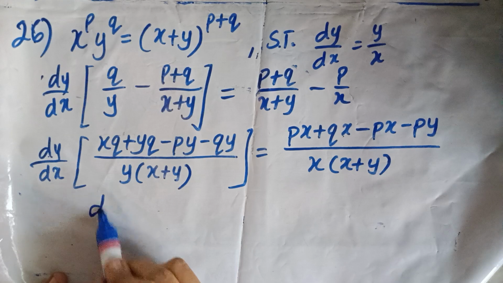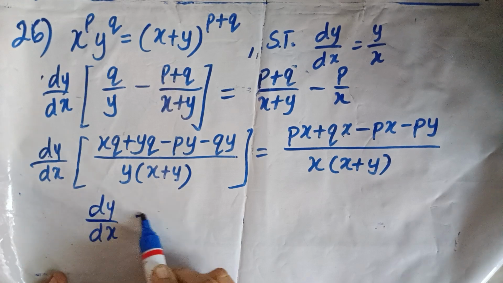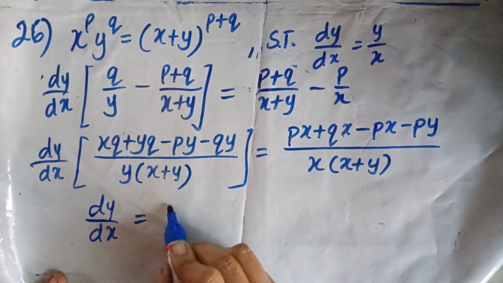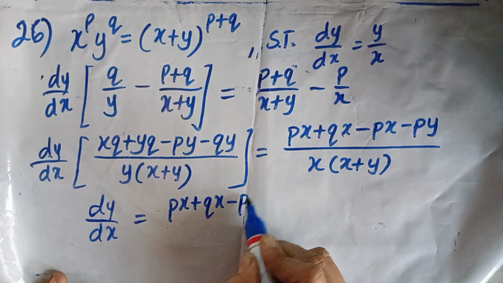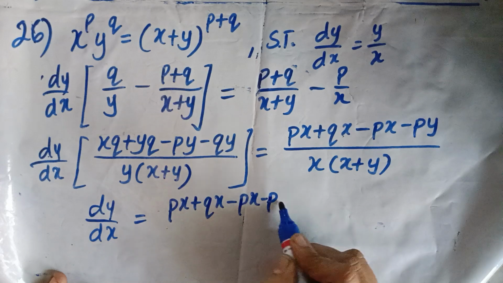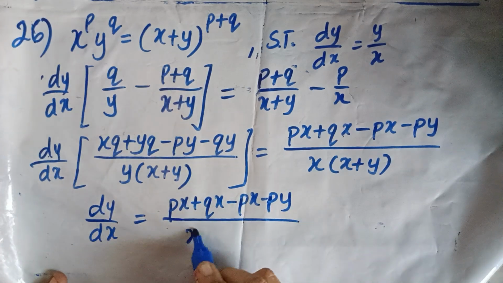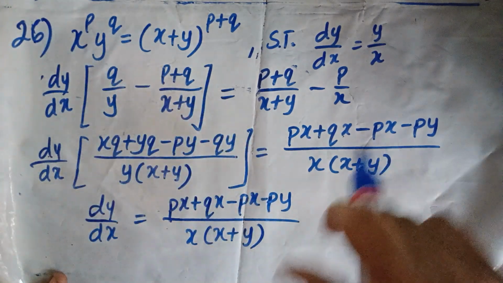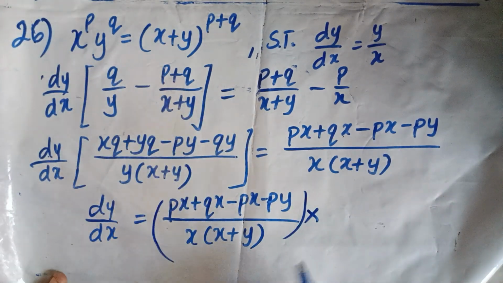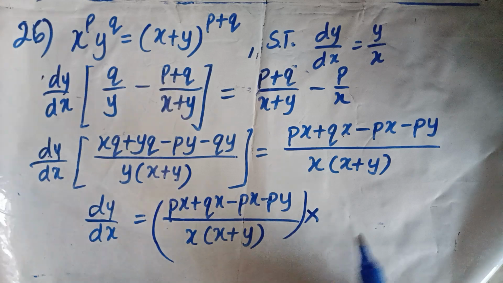So dy by dx is equal to, and this whole term goes over there and becomes its reciprocal.